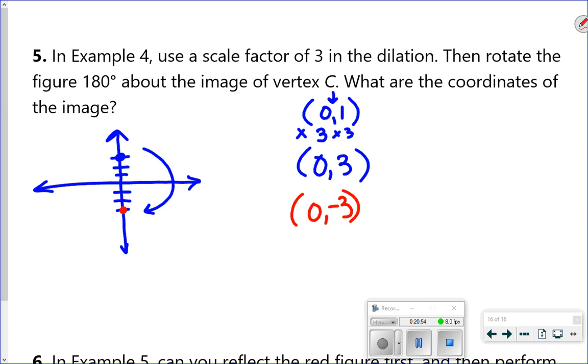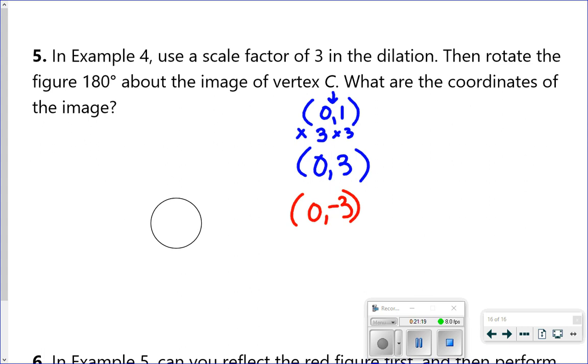Now that I'm looking at it, though, it's not telling me that I'm rotating the figure 180 degrees around the origin. It's telling me that I'm rotating it 180 degrees around the vertex C. So I think for this one, it actually probably will be easiest if I finish my picture and then actually do my transformation. So I'm actually going to go back. I'm going to get all mine.